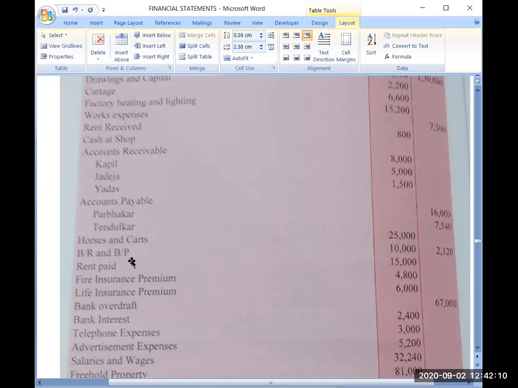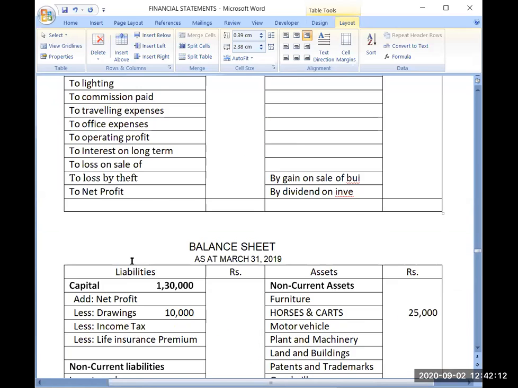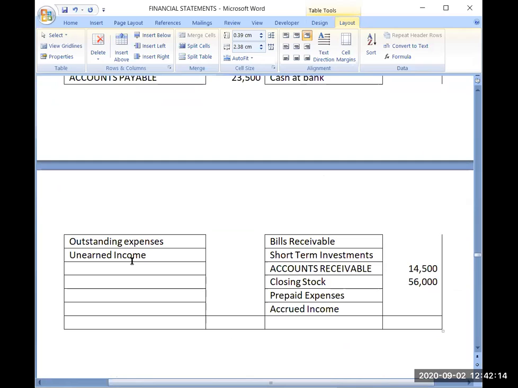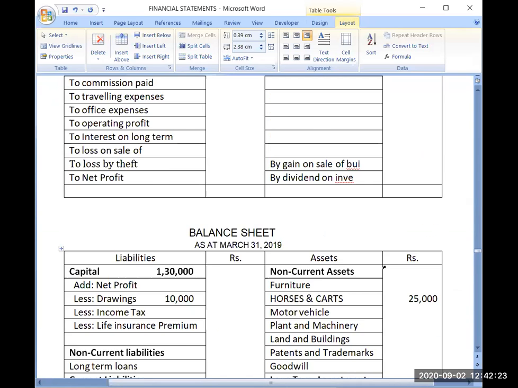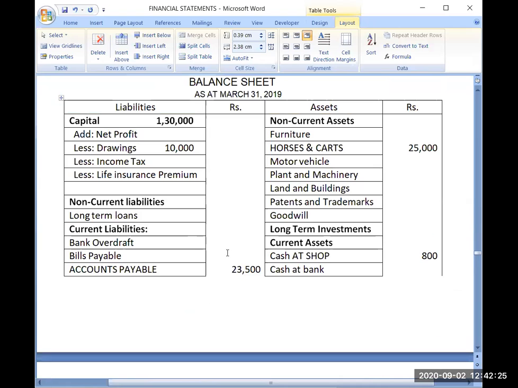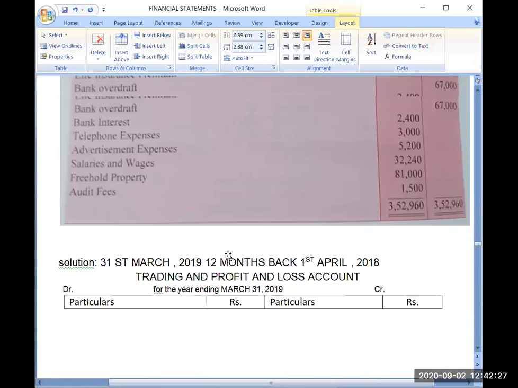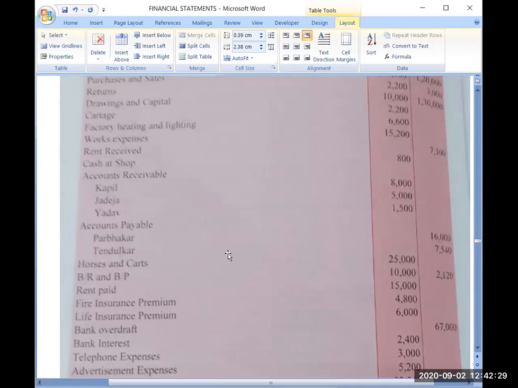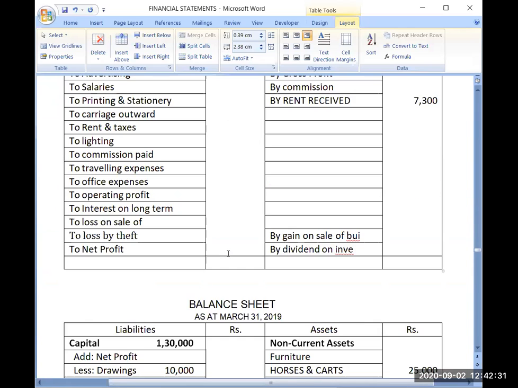Yes, very good. Bills receivable is our asset. That's why it will be having debit balance. And bills payable is your current liability. It is 2,120.